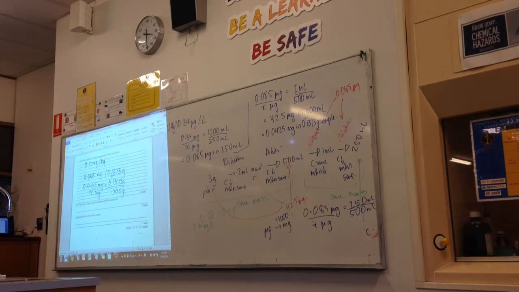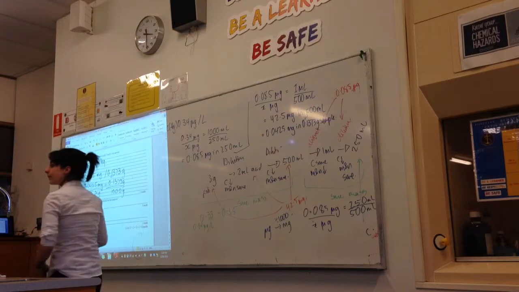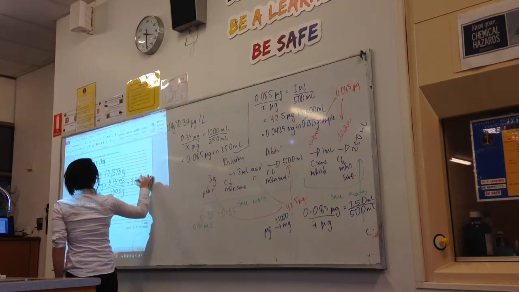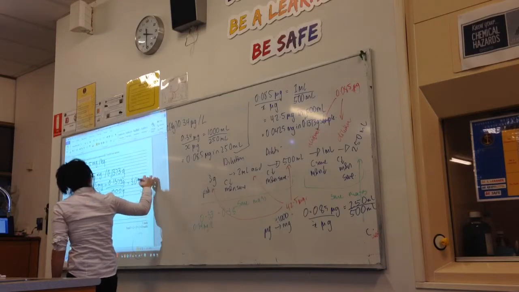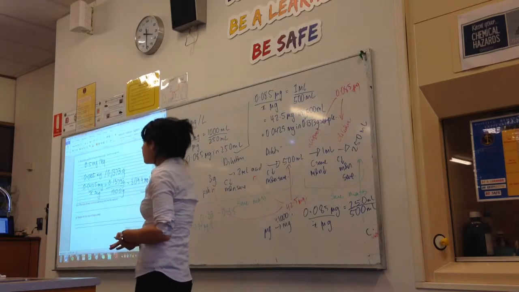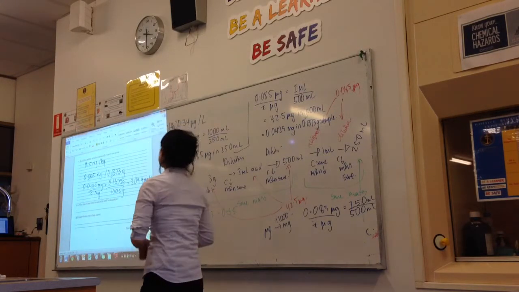Do you see what I did there? It equals something large. It is 309.4 milligrams per kilogram.